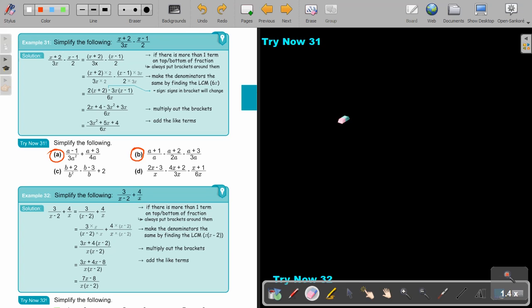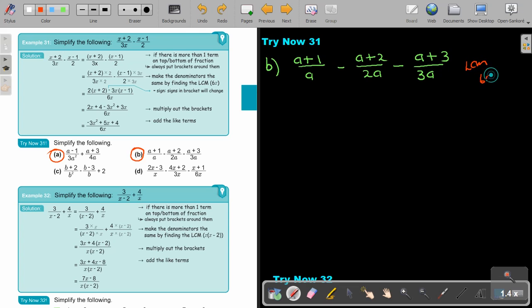Now if I look at number B, I'm going to have a plus 1 over a minus a plus 2 over 2a minus a plus 3 over 3a. And again, what is my LCM? It's just going to be 6a.